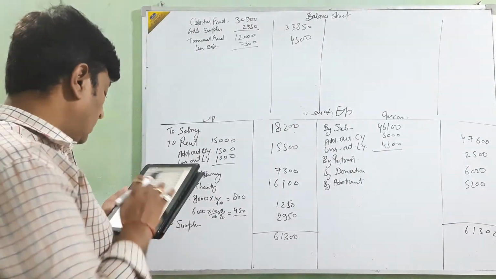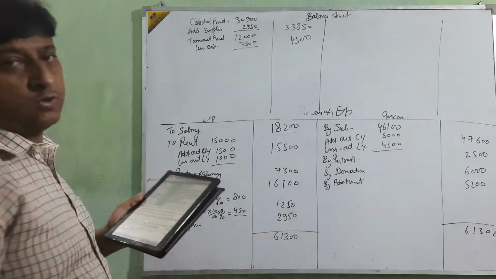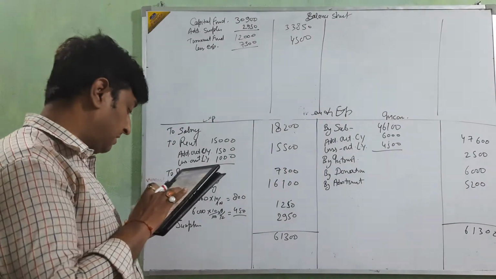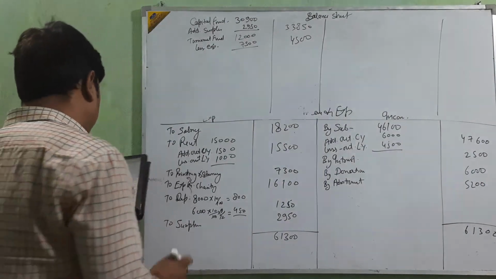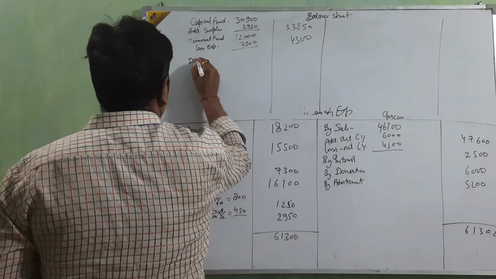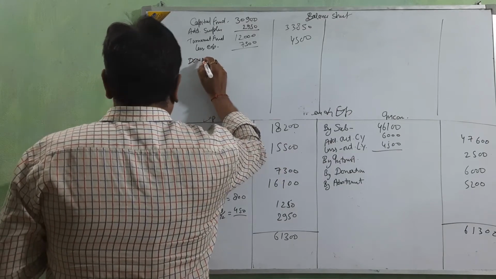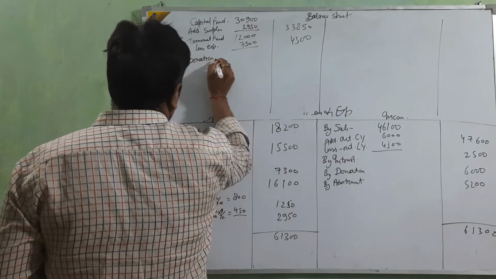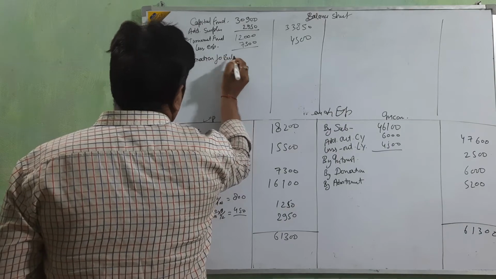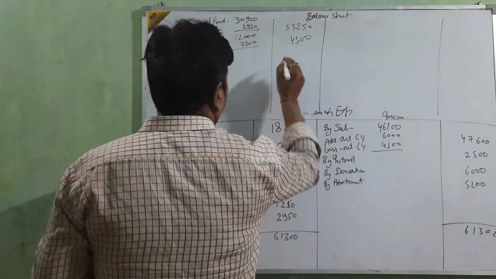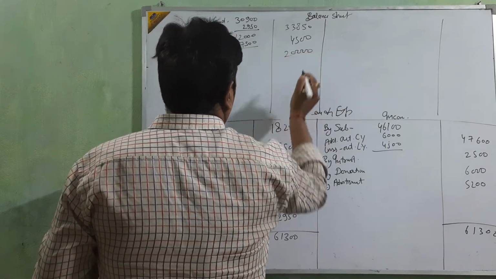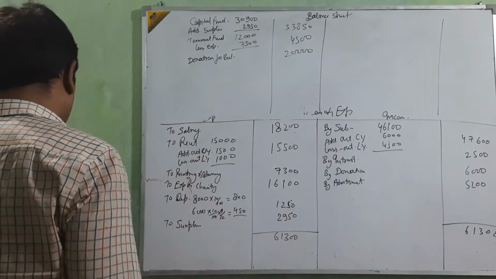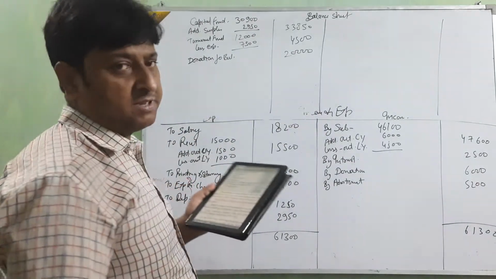Clear? Tournament fund we show first, and then less the tournament expense. Next, donation for building, that amount is 20,000. Okay beta, then all the things are finished from this side.